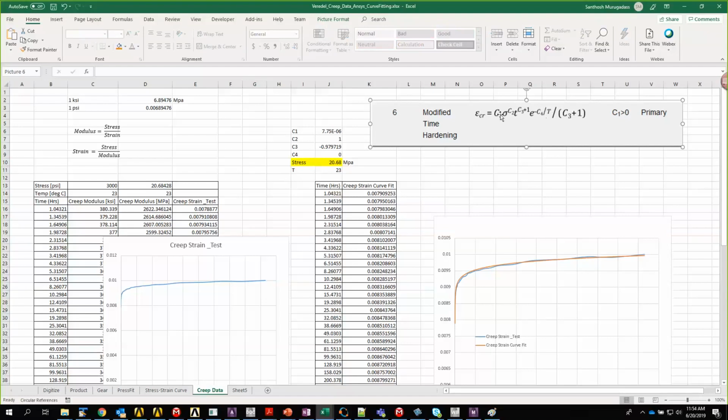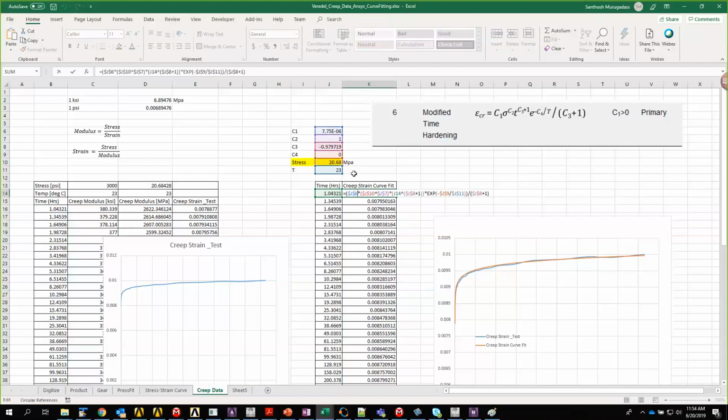One is C1. C1 is a global scale factor. C2 is the stress exponent and C3 is the time exponent. Now let's look at this. For every time, we can write this equation. I'm just coding this equation.